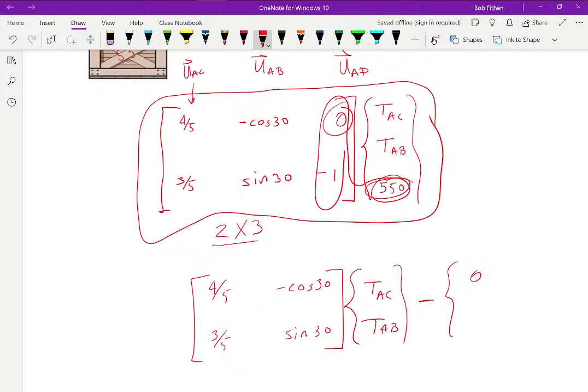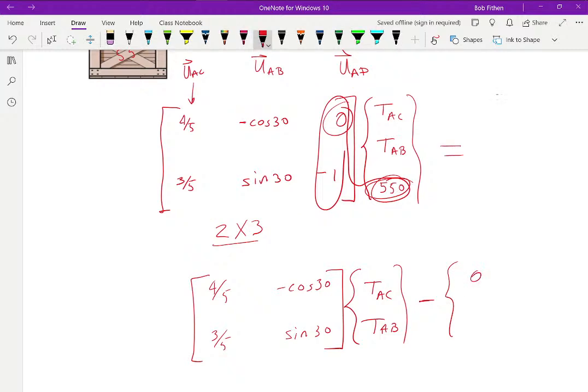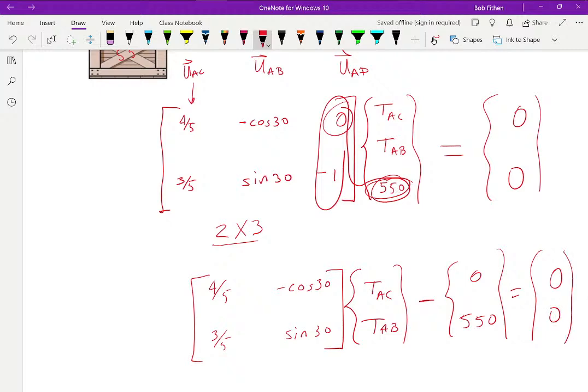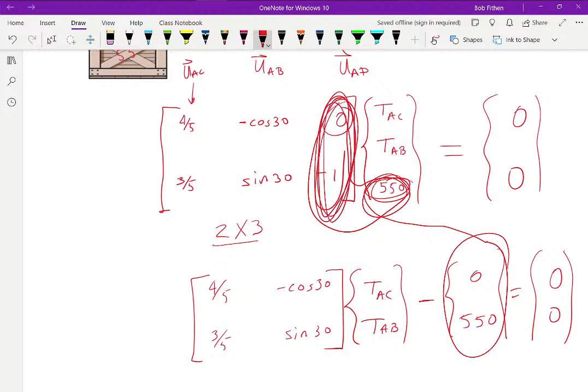Now, I didn't do this, but I should have. 0, and then 550 equals 0 and 0. This came from this number times that column.